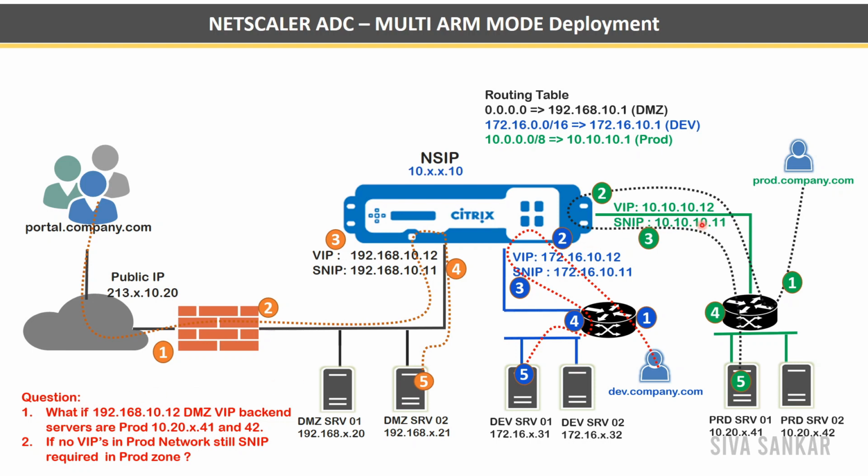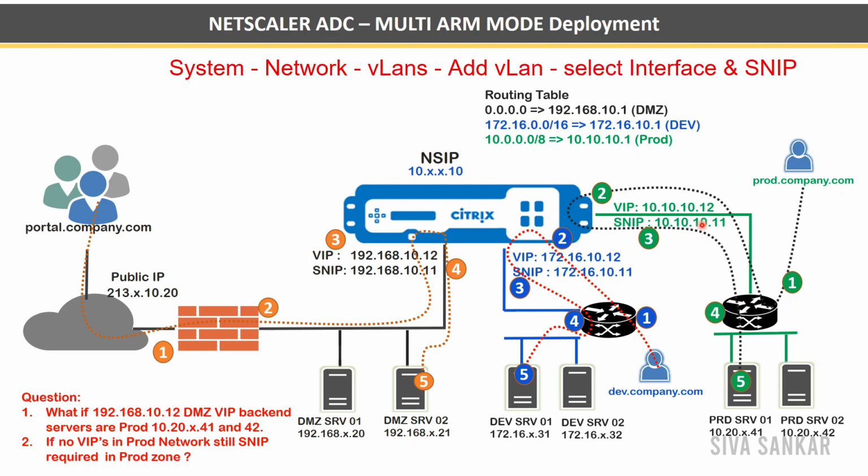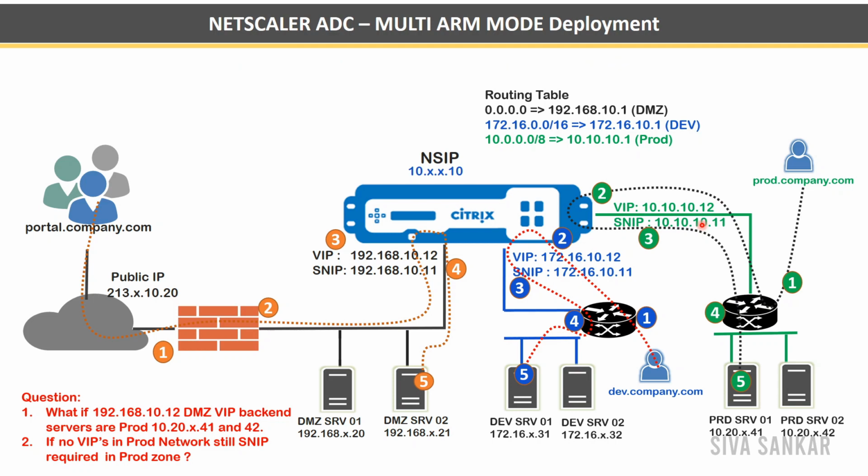Because the rule we always say is to keep a subnet IP in each VLAN where your VIP is. But in multi-arm mode, for every interface you keep a subnet IP and you tag that subnet IP to that interface. That's it. When you do that, Netscaler knows which subnet IP to use to the backend. So why do we use this actually? Why do we have to do this multi-arm mode? What is the advantage? We'll discuss this at the end, after a few minutes.